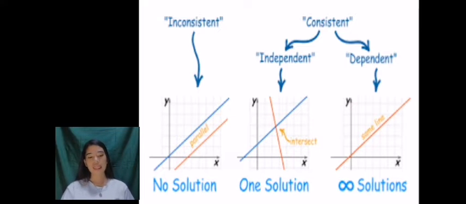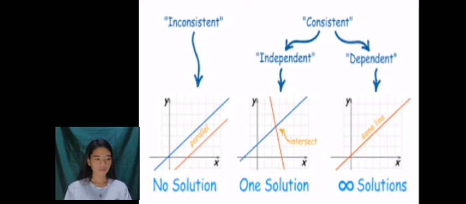We can say that it is dependent if we observe that the two lines are the same line. Bale, the two linear equations are the same line if we graph them. So, ma-identify na to siya as infinite solution.